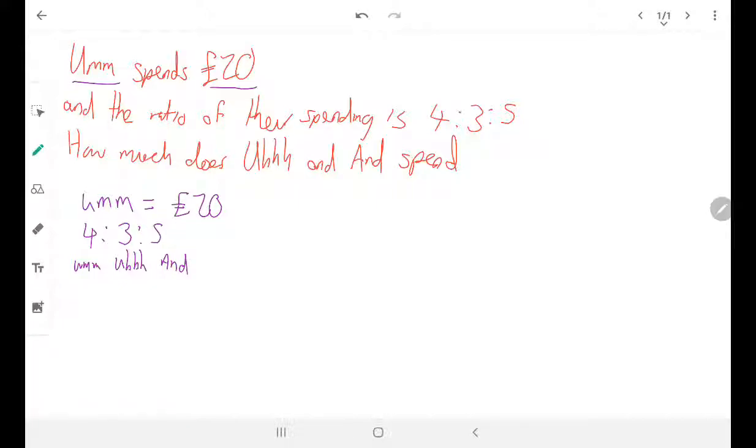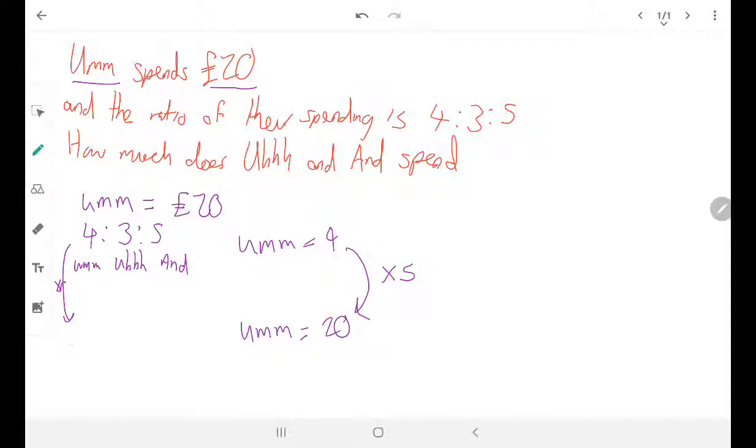So with this ratio we have at least in the ratio, equals 4, and I need to get to equals 20, and we basically need to multiply this by 5, and you're going to do the same with the ratio, times 5.